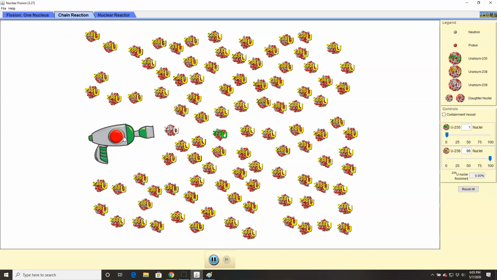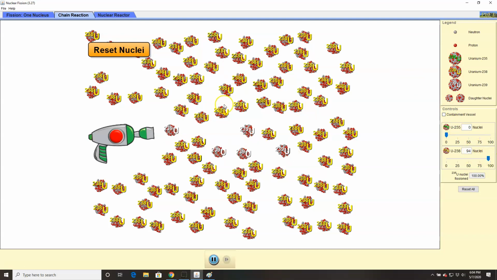The reason is because uranium-235 is naturally embedded in uranium-238, which is stable. So the uranium-238 surrounding the uranium-235 will absorb the extra neutrons, or will just allow them to pass by. Thus, we don't get a chain reaction.